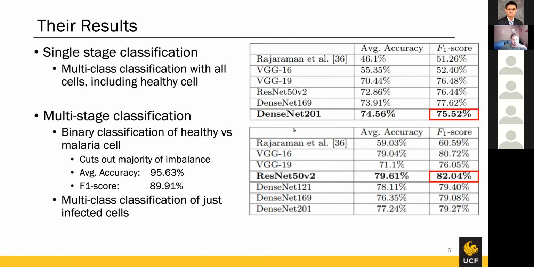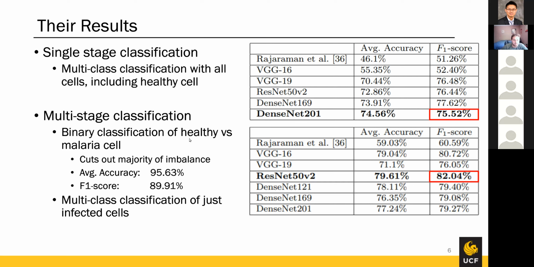So their results, they published both single stage classification along with the multi-stage classification, like with the binary first and then the multi-class, like I showed in the first approach slide. But in their single stage, it seems like they compared to a previous work and a couple off-the-shelf algorithms. They got their best average F1 score of 75.52%.